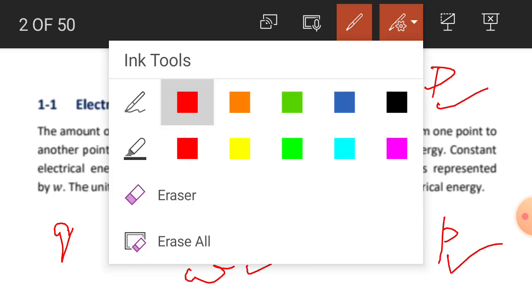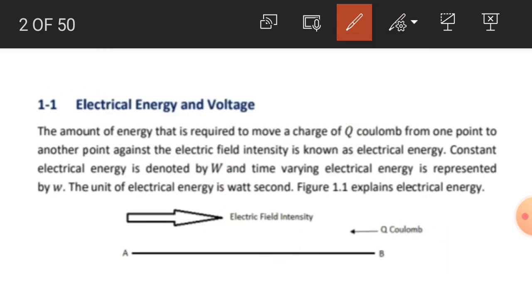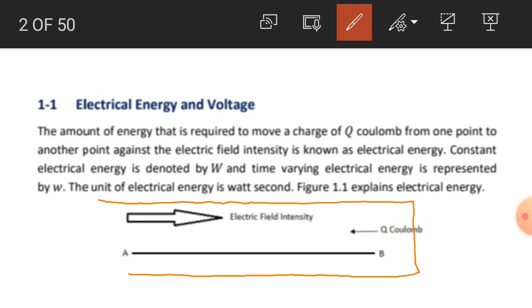What is electrical energy? So let us consider an electric field in this particular region. There is an electric field in this particular region. We know that the electric field intensity is a vector quantity, and this quantity has a magnitude as well as direction.